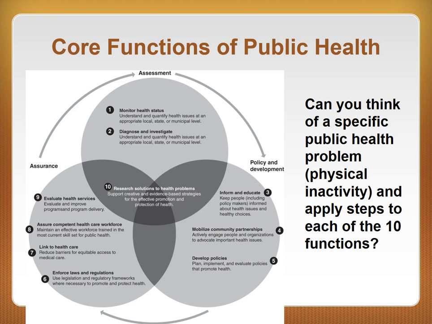Here, can you think of a specific public health problem like physical inactivity or sedentary behavior and apply the steps to each of these 10 functions? Think about this. If we apply physical inactivity in this case, what are the functions we should focus on following this cycle?